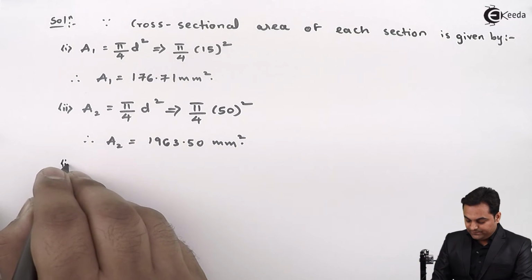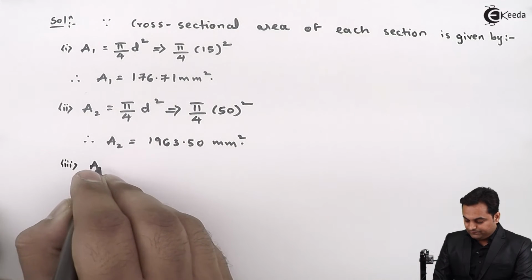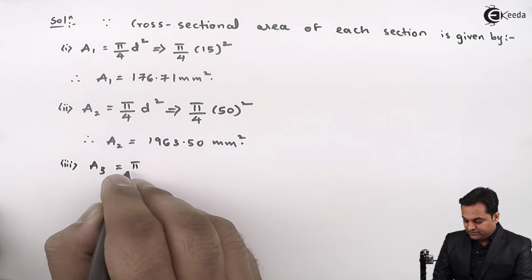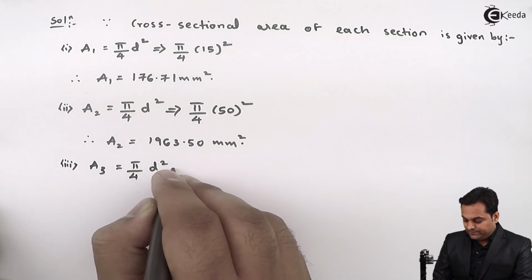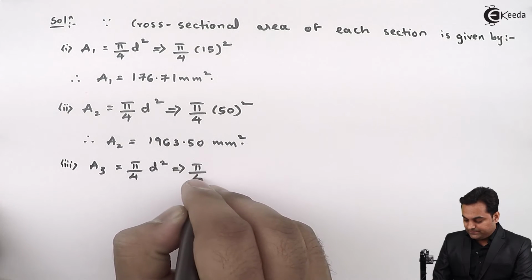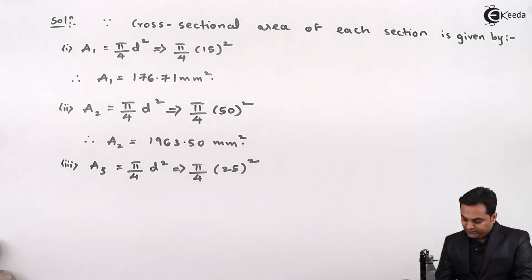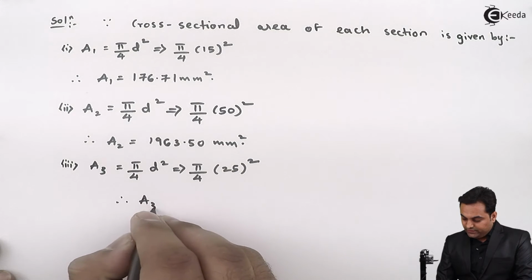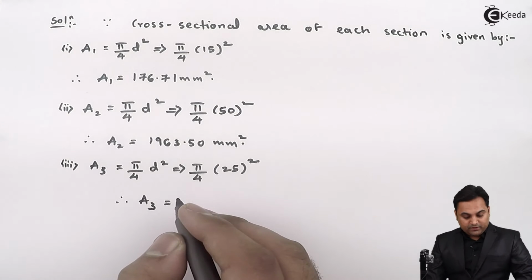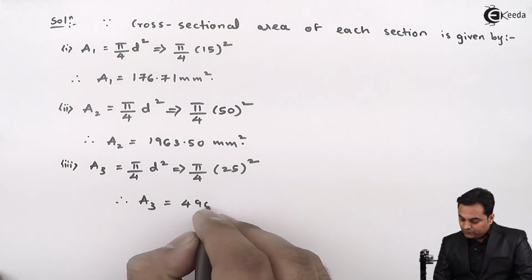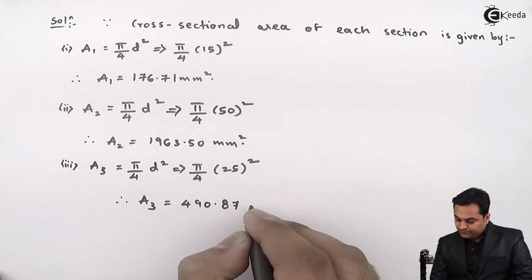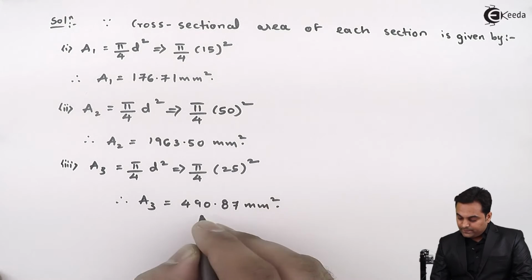Then area 3 is pi by 4 into d square again. Here the diameter is 25, so pi by 4 into 25 square. So area 3 comes out to be 490.87 mm square.